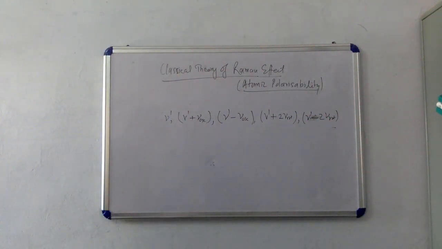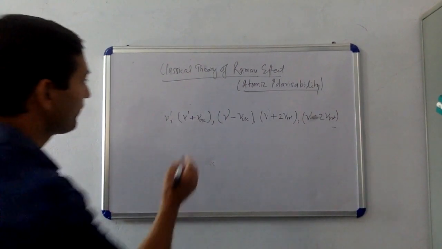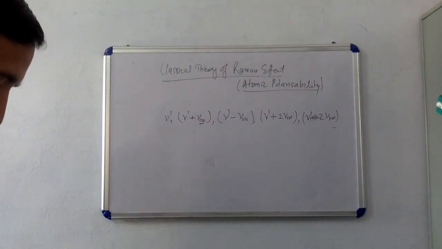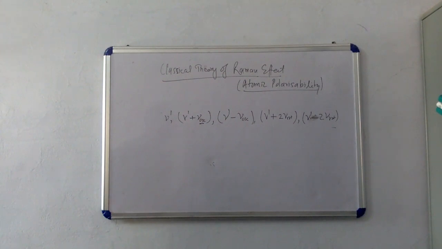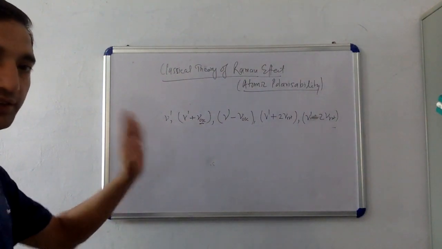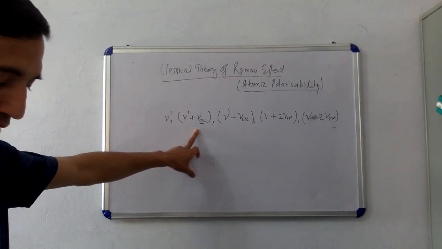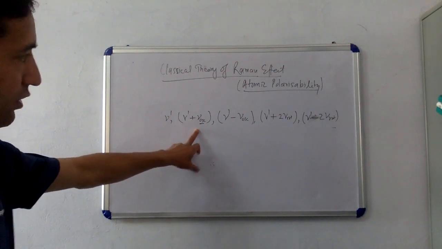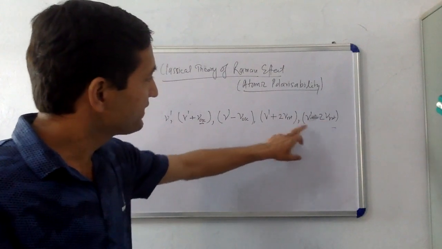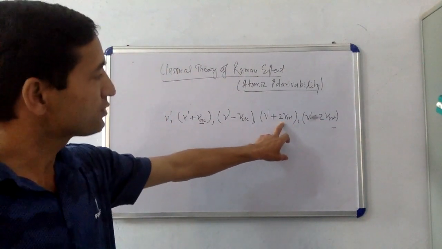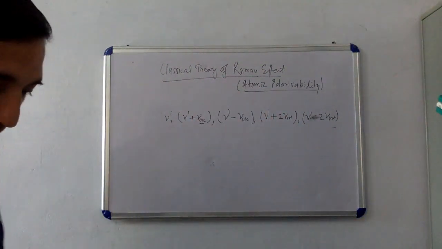Hence the spectrum of the scattered light is obtained with Raman lines at a distance of nu vibrational on either side of the Rayleigh line. We also obtain the Raman lines at a distance of minus 2 nu rotational and plus 2 nu rotational. We are getting the rotational lines.